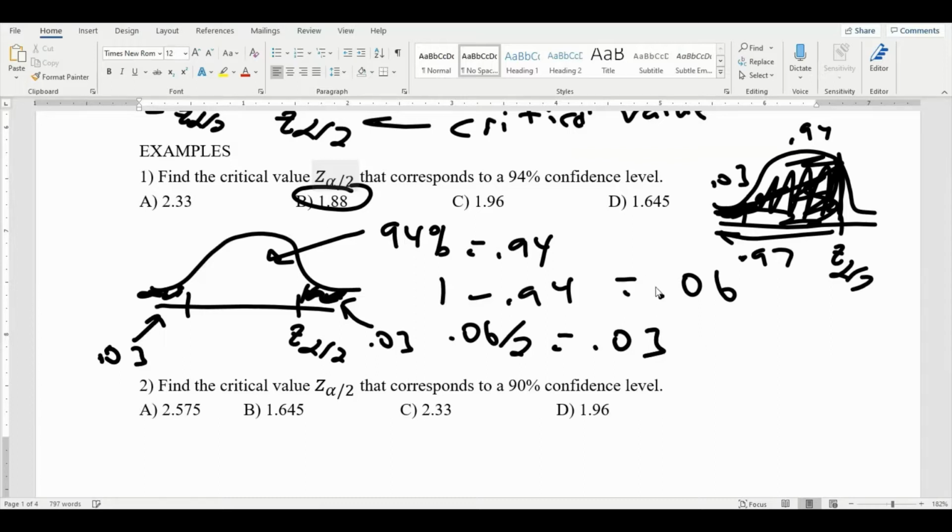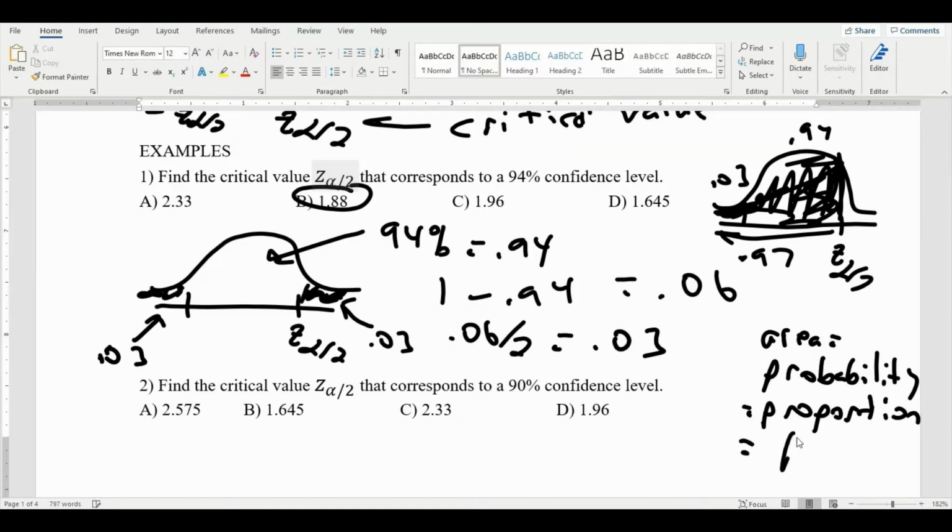So even though I may use the word area, it's the same thing as probability, proportion, or percent.